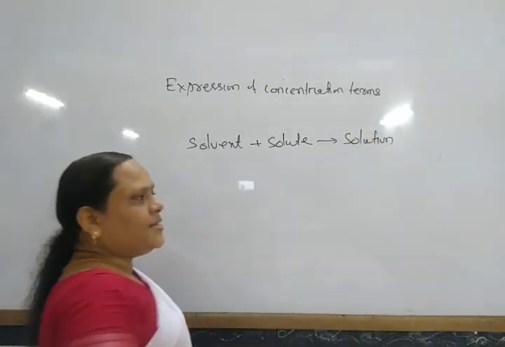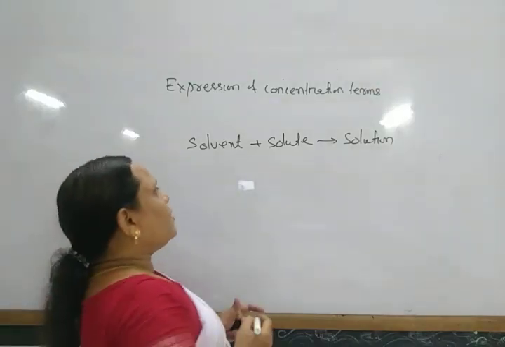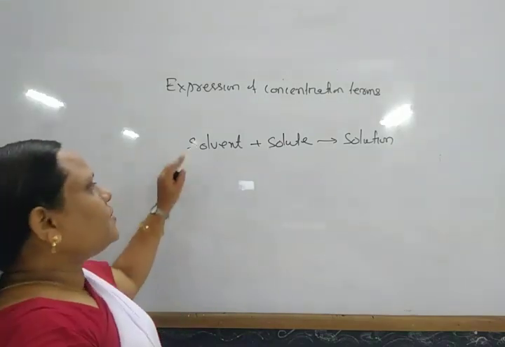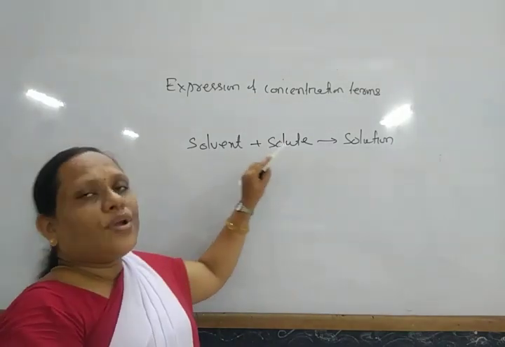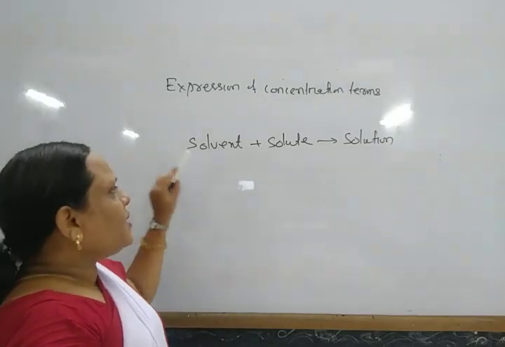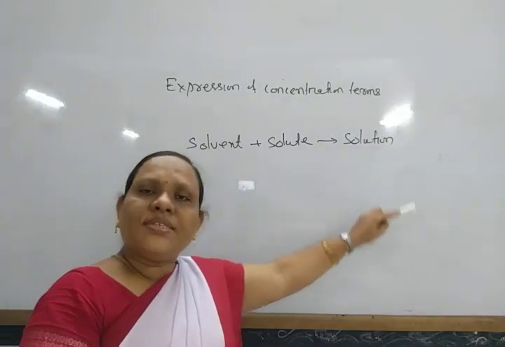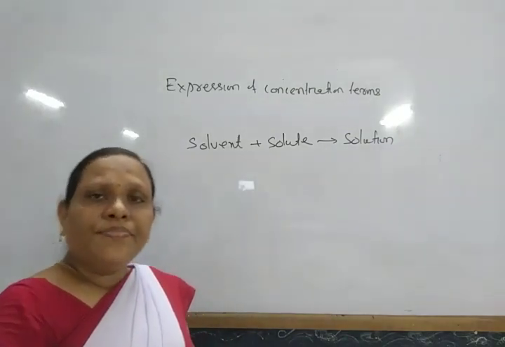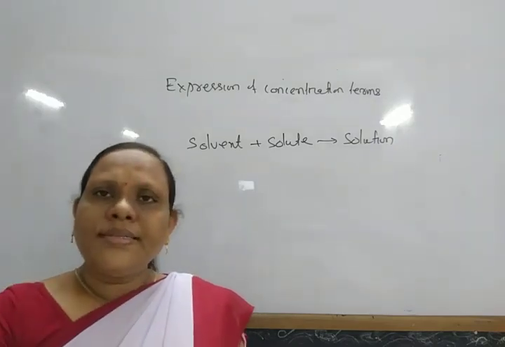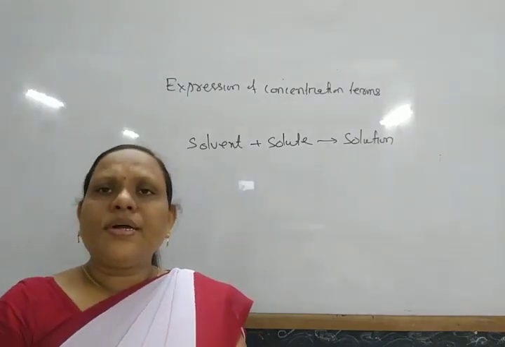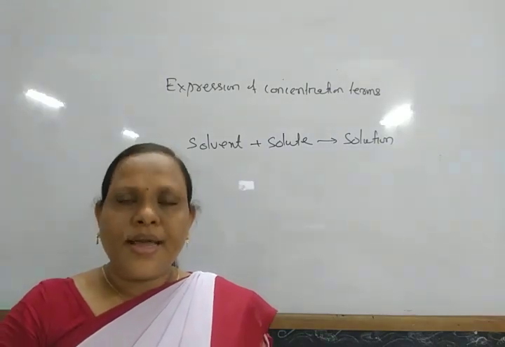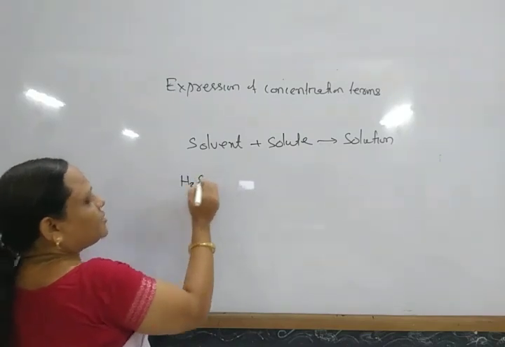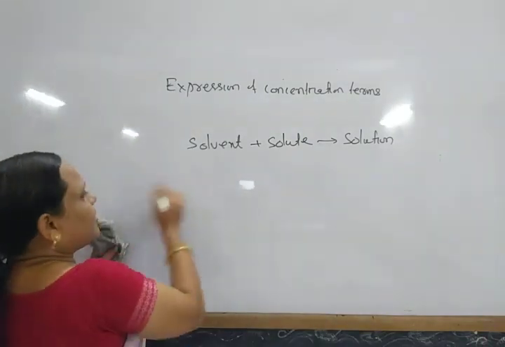There are different types of solution. Matter exists in different forms, solid, liquid and gas. Solvent is of different types and solute is also of different types, so depending upon the solvent and solute, the solutions are also of different types. Generally there are 9 types of solution, but among them the most common is the liquid solution, where the solvent is liquid, and water is taken as the universal solvent.